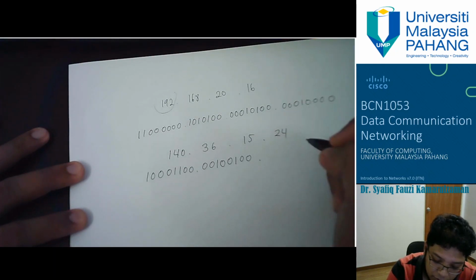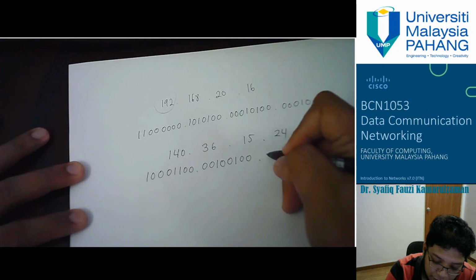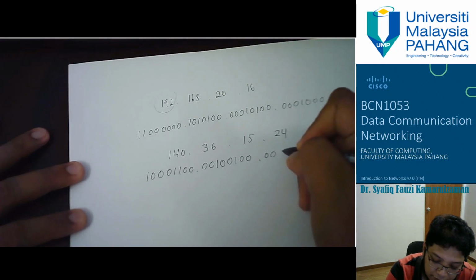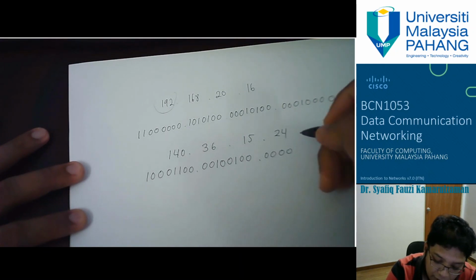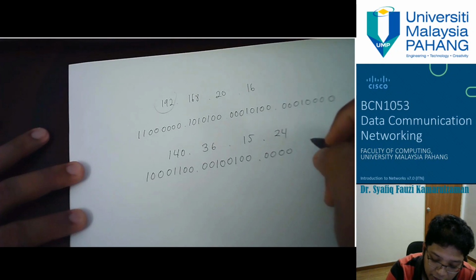Okay, so let's go with 15. You don't have 128, 64 or 32. You don't have 16, because 15 is smaller than 16. Then you have an 8, the closest one smaller than 15, and you get the remainder of 7. The next one is 4, and you get the remainder of 3.